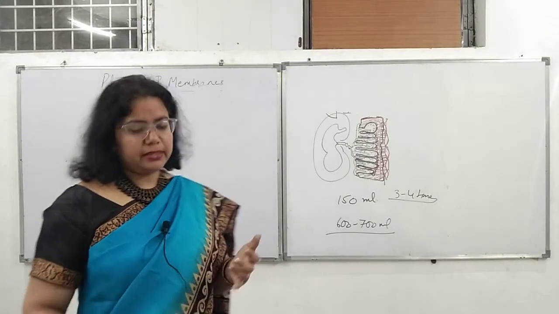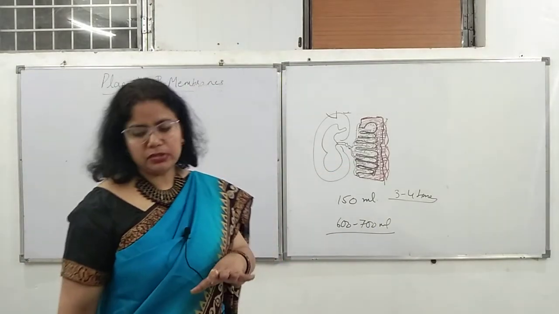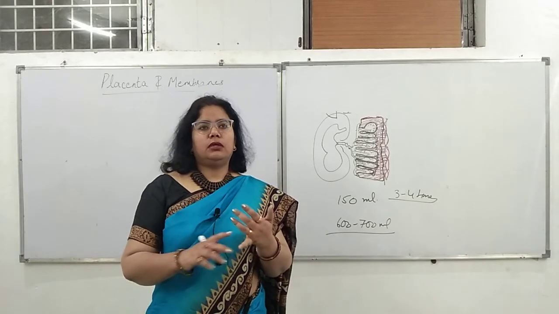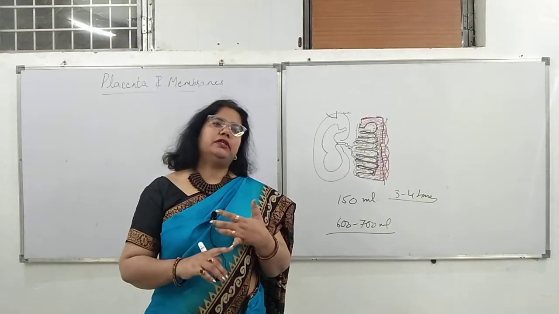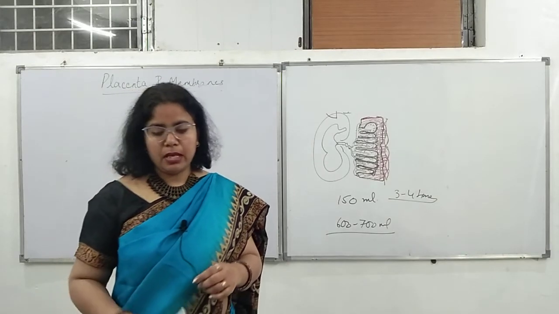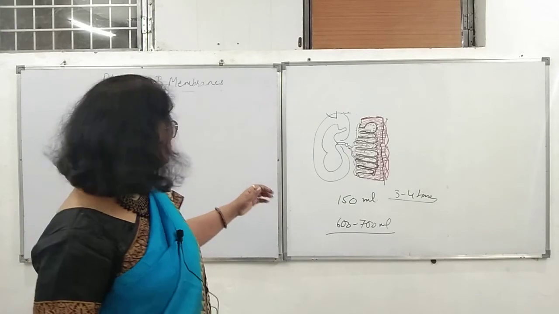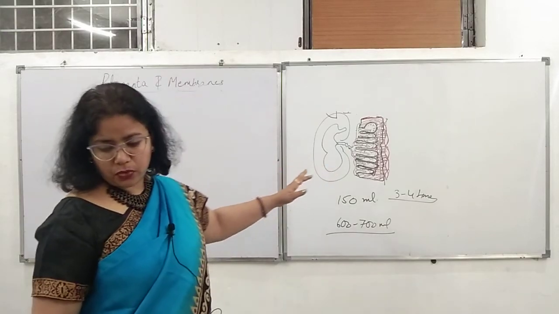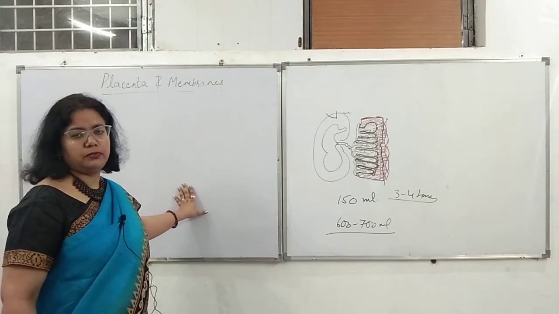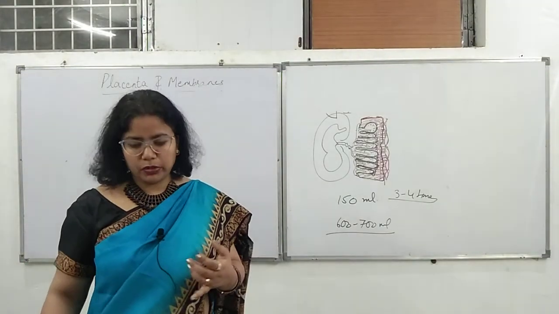Number one, the placental hormones suppress the maternal immune system. During pregnancy the immunity is suppressed, and because of this, immunological diseases are relieved during pregnancy. Also, villus trophoblast does not show HLA class 1 or class 2 molecules.